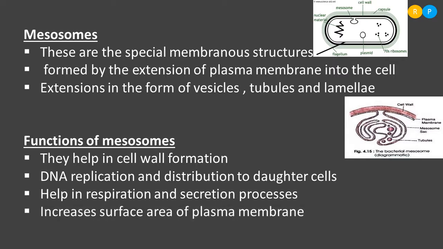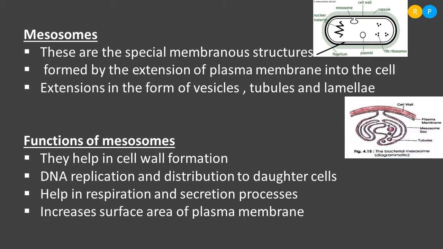And mesosomes increase the surface area of the plasma membrane for enzymatic activity. You can see in the second diagram, this is the actual mesosome structure. Because of the mesosome, the plasma membrane increases its surface area. So the bacteria get more surface area in order to perform enzymatic activity.